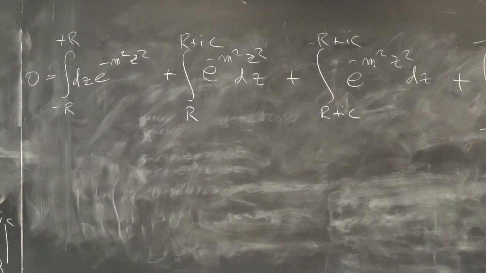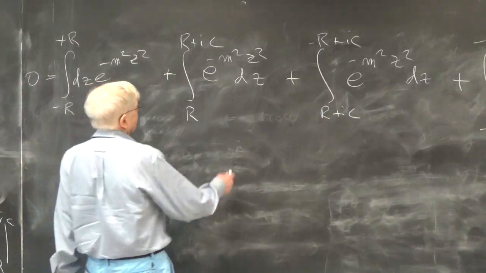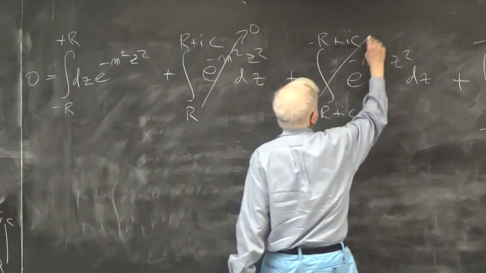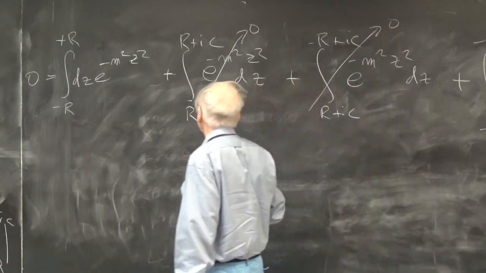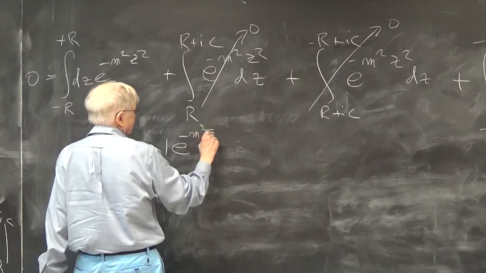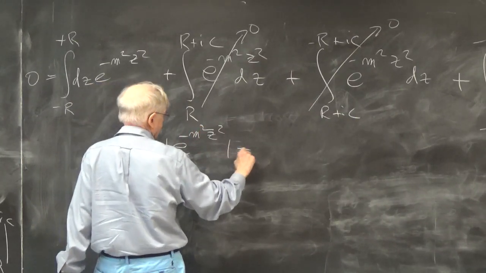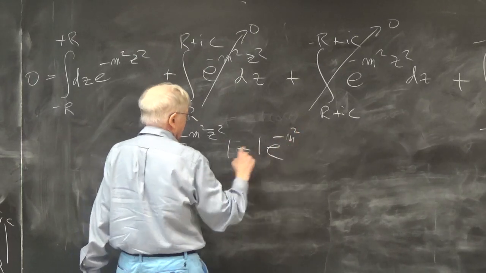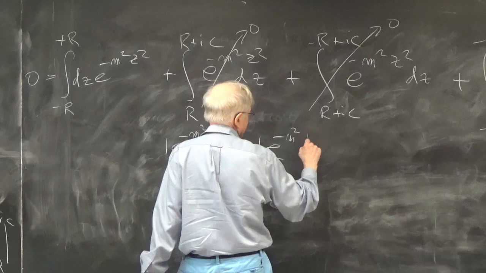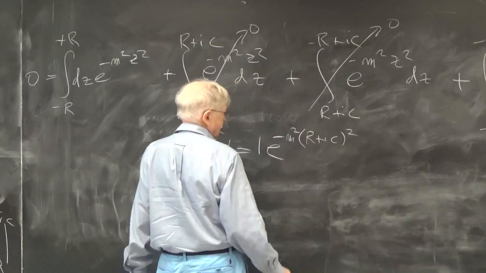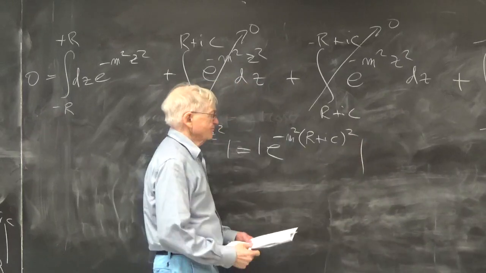On the other hand, as we take the limit of r going to infinity, this integral is 0, and this integral is 0, because the absolute value of e to the minus m squared z squared is the absolute value of e to the minus m squared, and z squared is (r plus ic) squared.